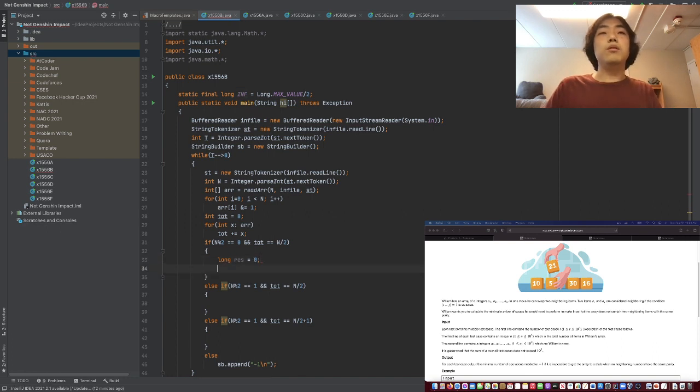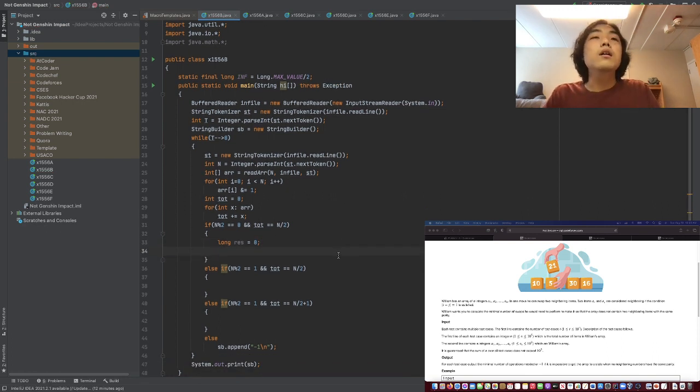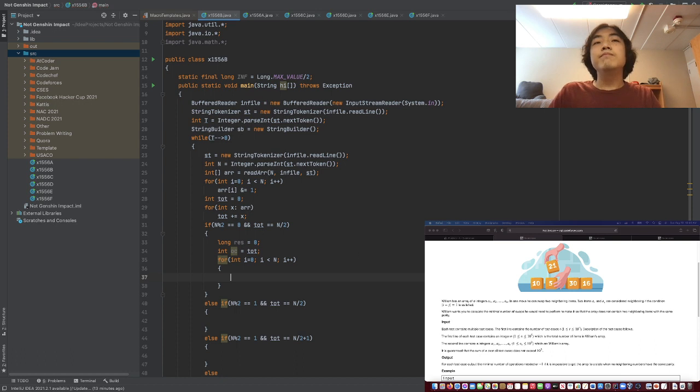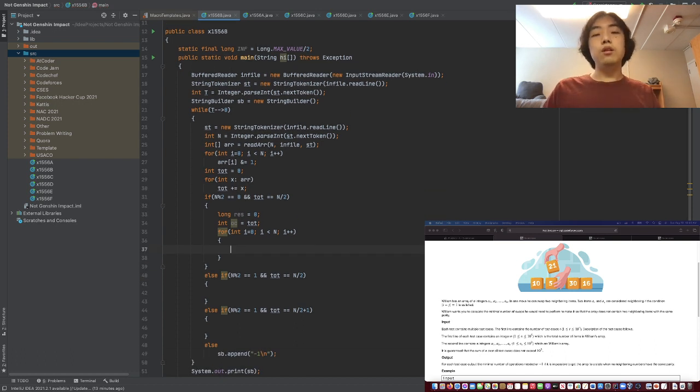Or I guess we just start from 0, whatever, it's fine. Int 1 count is equal to total. And so for int i is equal to 0, i is less than n, i plus plus, we just want to count the inversions of. Yeah, I guess if we focus on just moving the ones to their right location, then it should just fix itself.